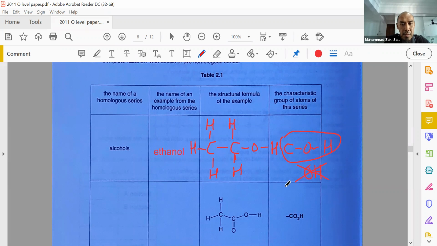Next, what is this? This is carboxylic acid. The example that they give here, since this acid has 2 carbons, should be ethanoic acid.